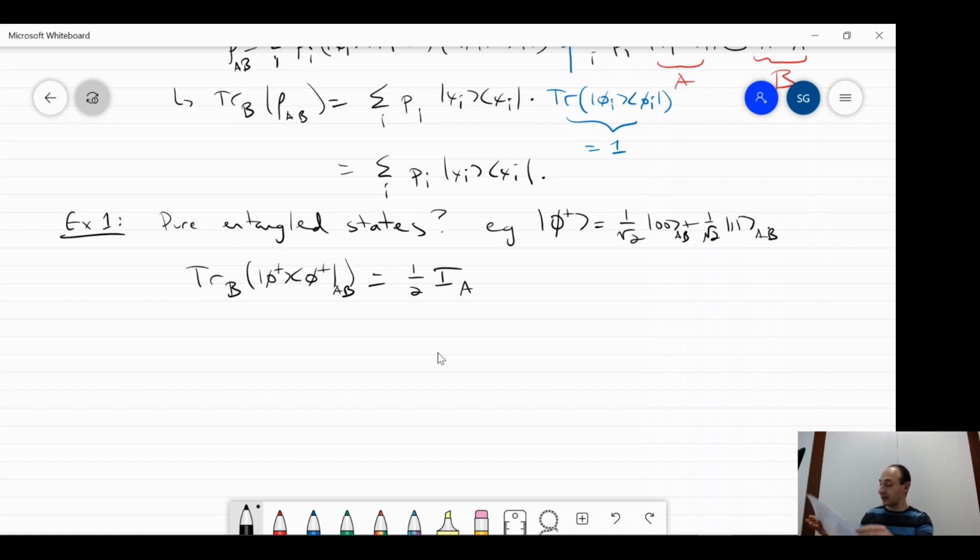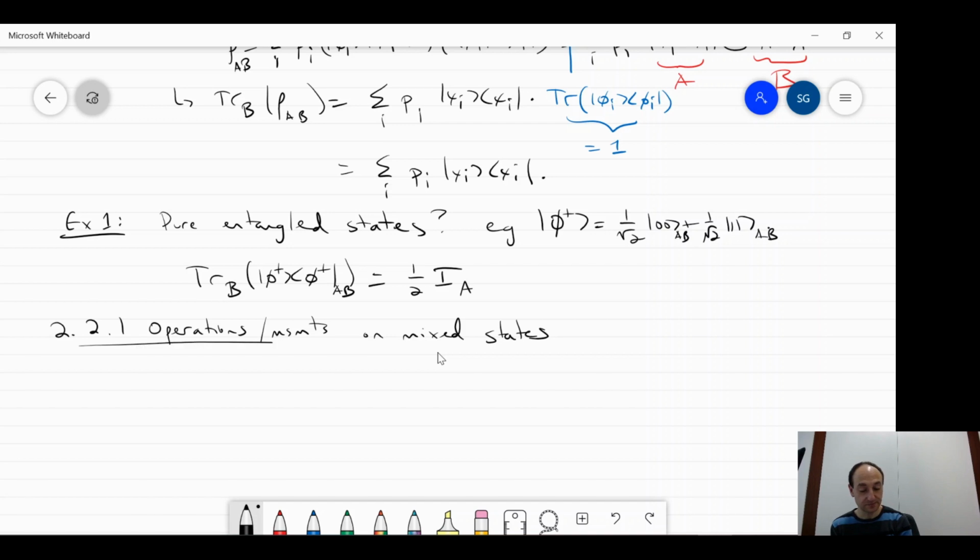And now let's talk about, in this last brief section, how everything we've talked about, operations and measurements, works on mixed states. We only talked about pure states so far, but how does it work on mixed states? Well, remember that it works like this.